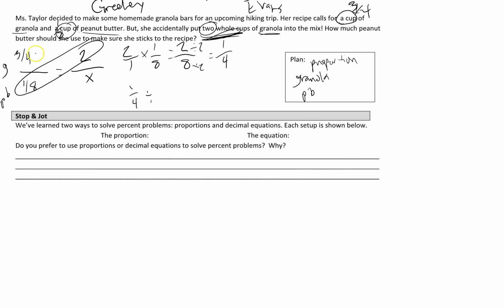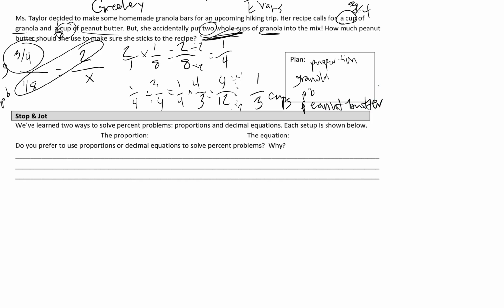So I'm going to do 1/4 divided by my last number, 3/4. Again, we talked about this yesterday with copy dot flip. Multiply across, 1 times 4, 4 times 3. And simplify, I can divide these both by 4. And I get 1/3 cups peanut butter.